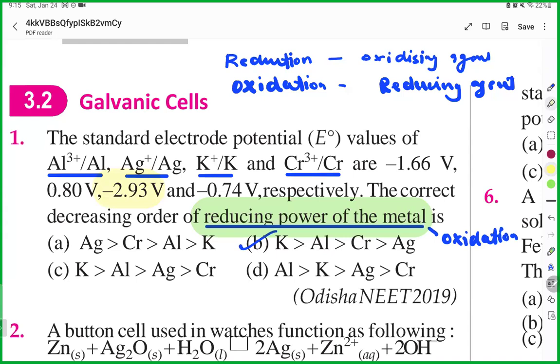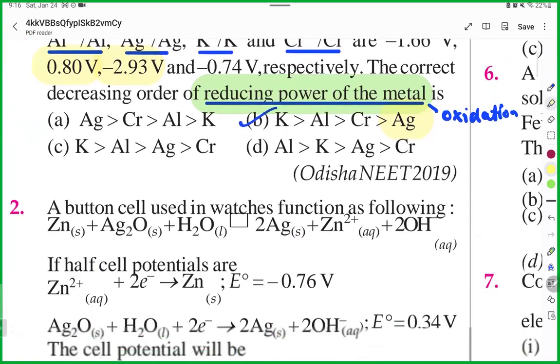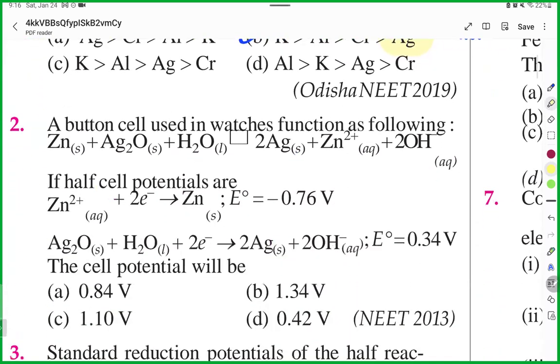Maximum value, Ag, means reduction. Anybody have doubt? So the answer will be B. Understood, sir. Anybody have doubt, guys? No, sir.